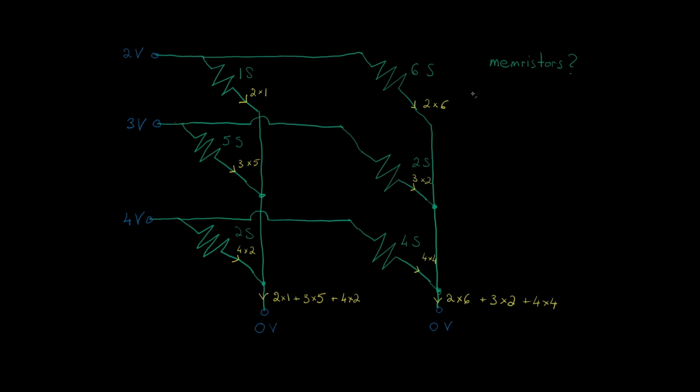And the second problem I can think of is that these computations are not exactly precise, because we know that 2 times 6 is 12. That's exactly 12. But is this circuit going to compute 2 times 6 correctly? Well, not exactly. Can we set this voltage to 2 volts exactly? I don't think so.